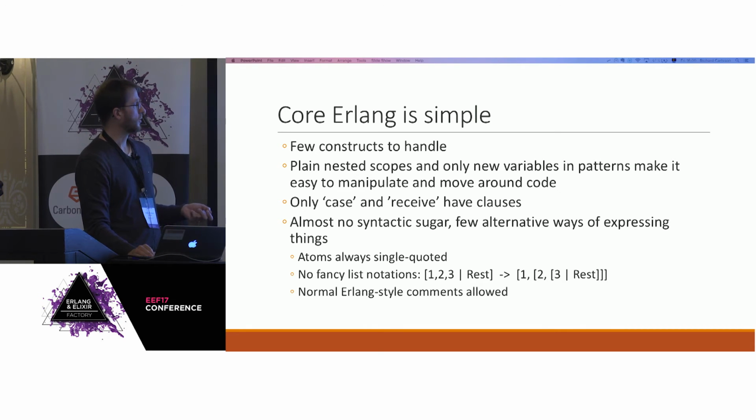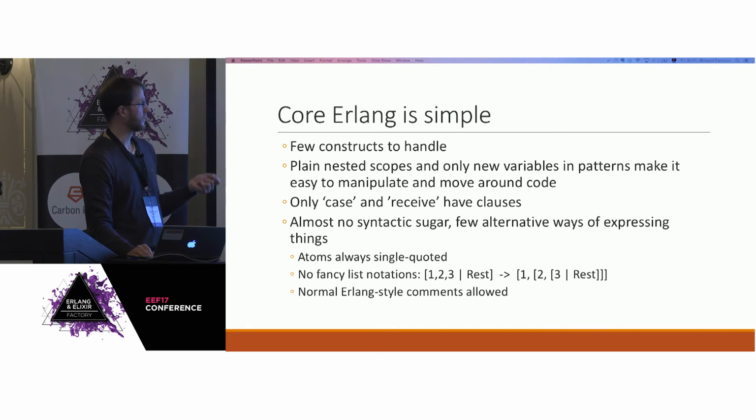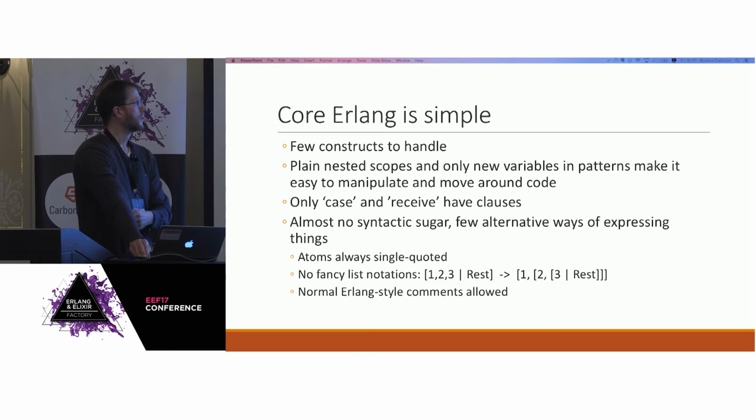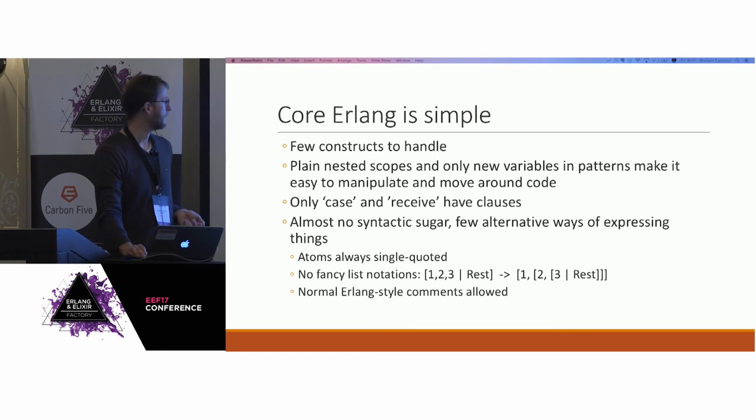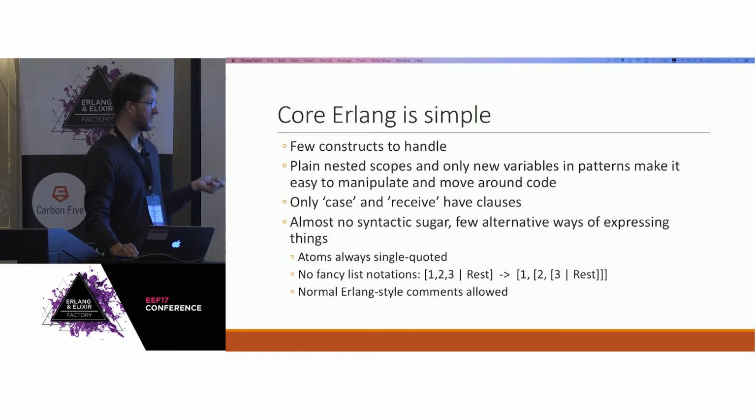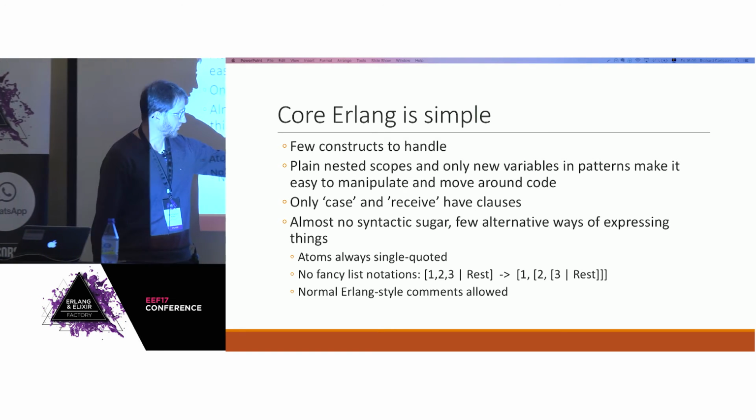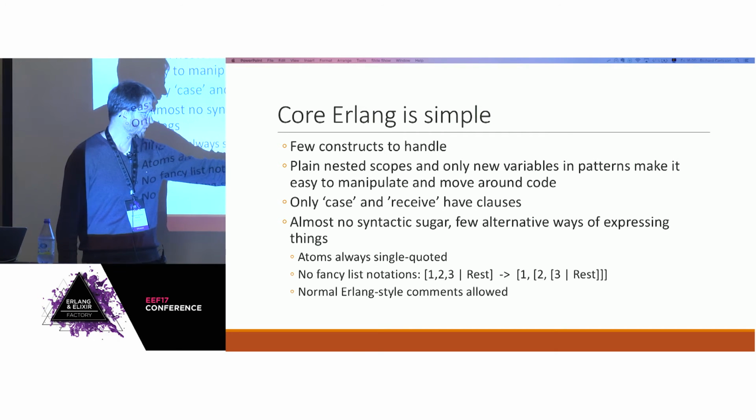The only clauses are those in case and receive expressions, and I'll show you later why we kept the ones in receive. There's almost no syntactic sugar. There are few alternative ways of expressing things. Atoms, for example, are always single-quoted. There's no fancy list notation, so you can't write [1, 2, 3 | Rest].